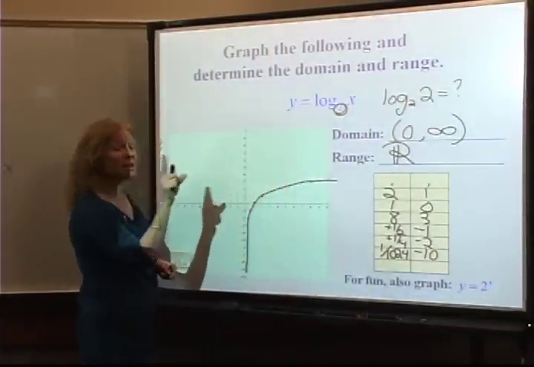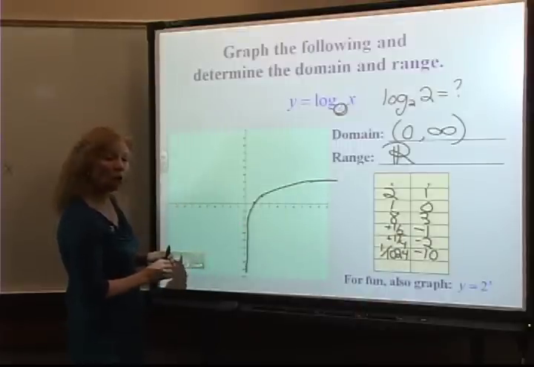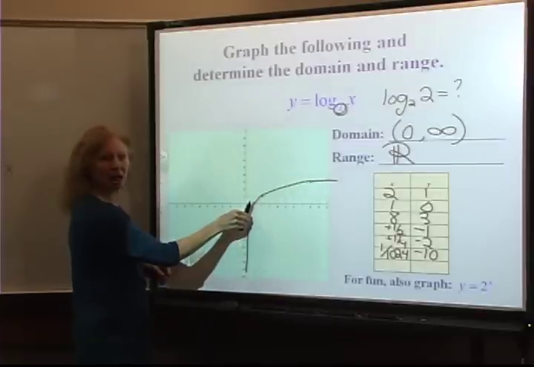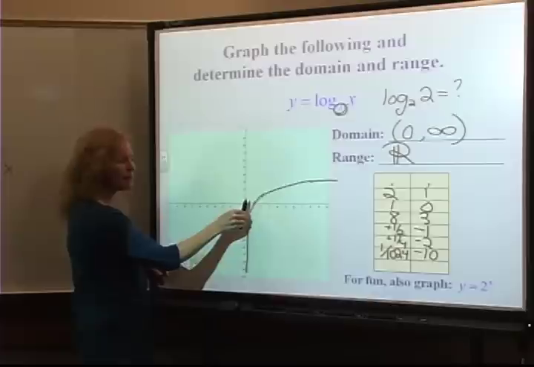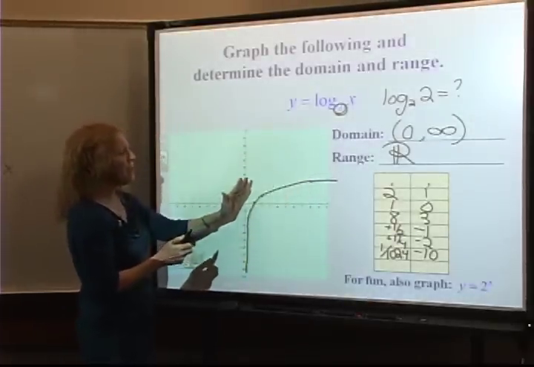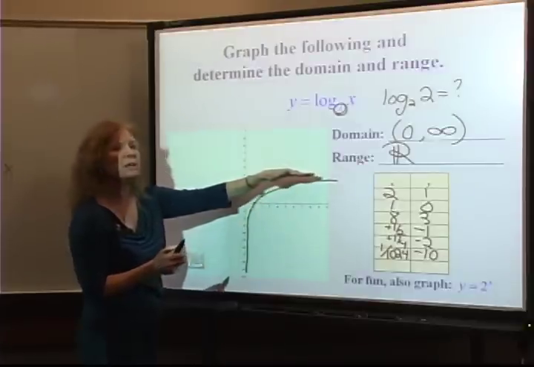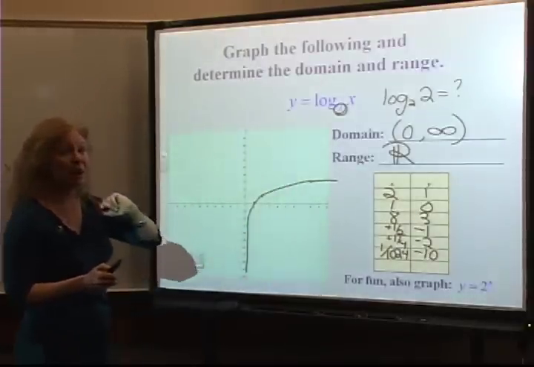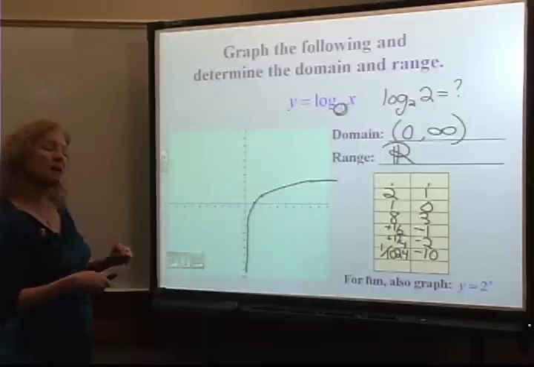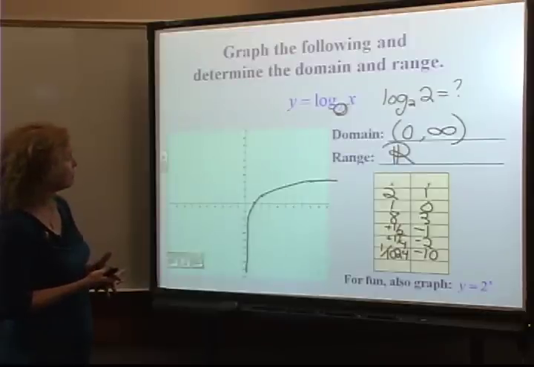But it is very interesting that in the case of the logarithm function, it comes up here and it has this real steep climb. And then it hits the x-axis and it kind of takes a pretty wicked curve. And after it comes up through the axis, it starts to grow really quite slowly, which, by the way, makes it a very useful function for some of our scales in science.